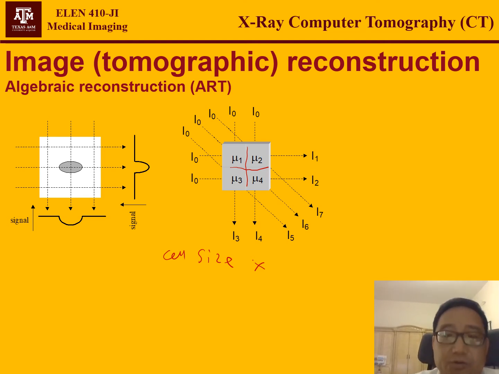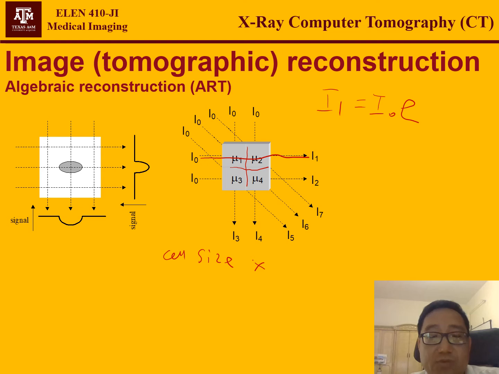Now let's look at the physics model that relates the initial X-ray intensity I naught to the detected X-ray intensity on the other side, I1. I'm going to look at this first ray path here. I1 equals I naught e to the minus integral of the attenuation along the path.